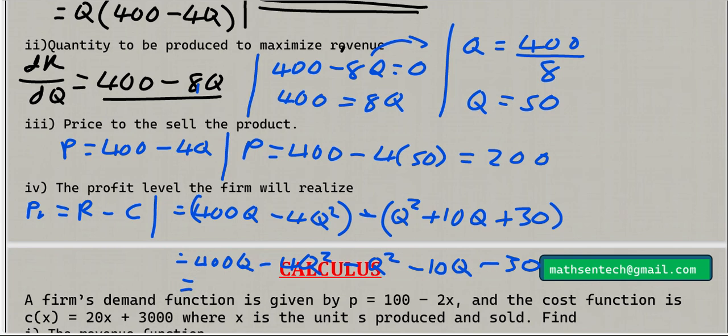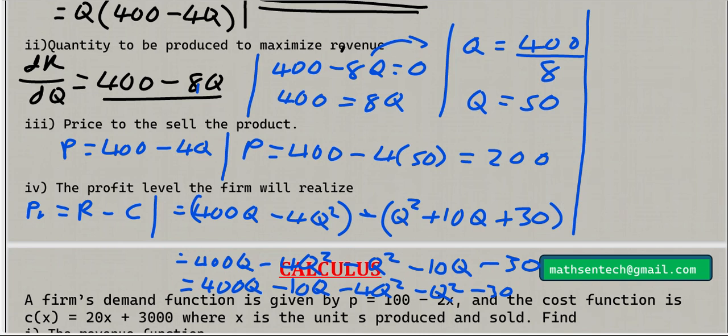So you'll have 400Q minus 10Q, then minus 4Q squared minus Q squared, minus 30. Now work that out: 400Q minus 10Q gives 390Q, then minus 4Q squared minus Q squared gives minus 5Q squared, then minus 30.